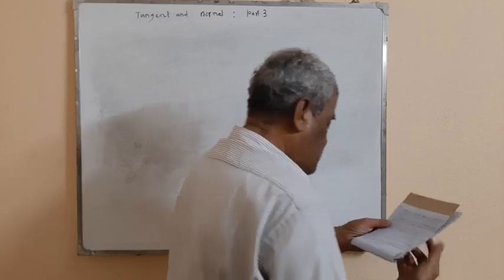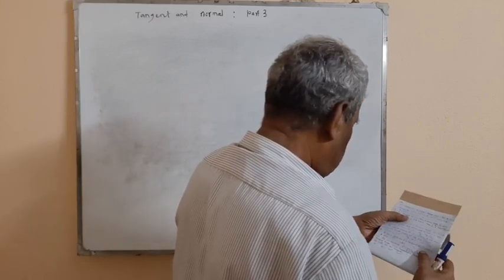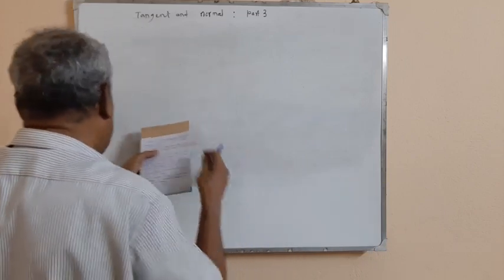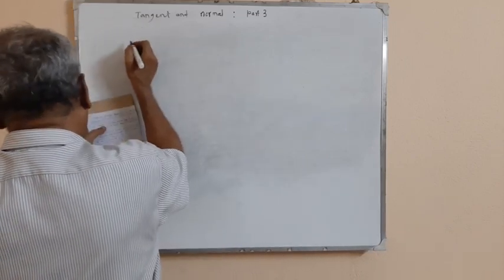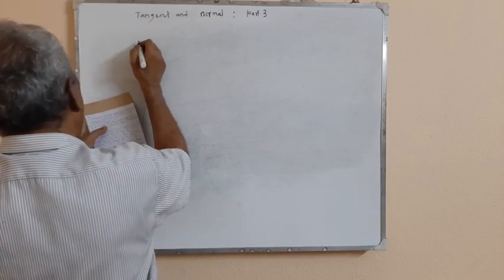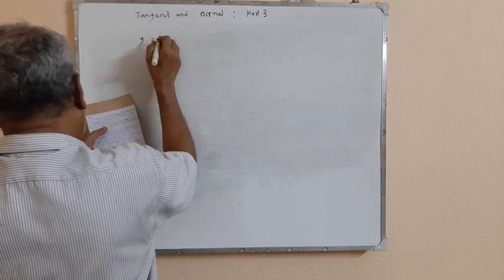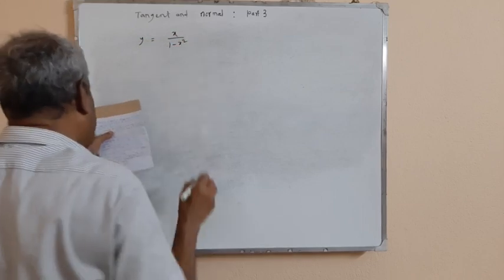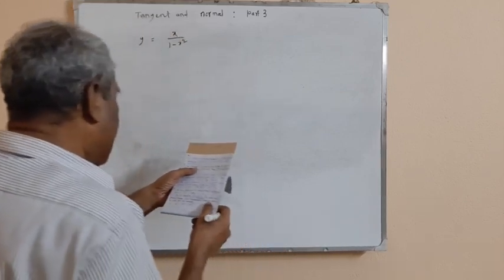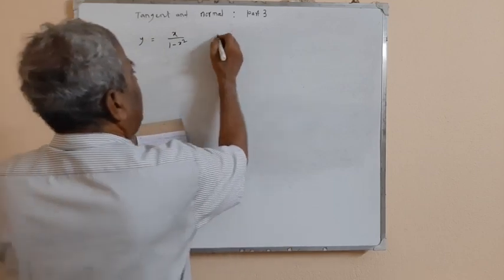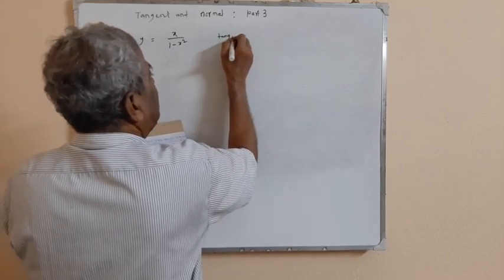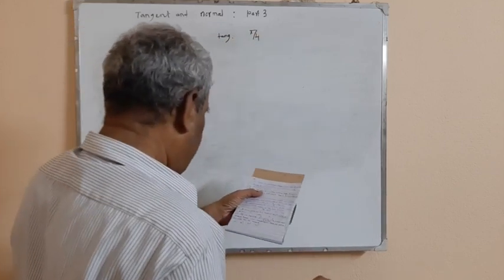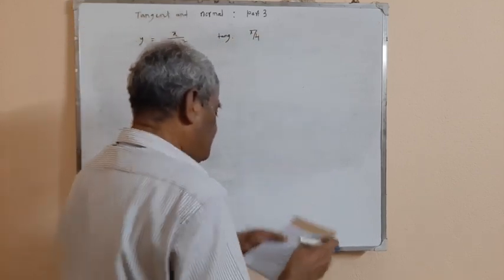Next problem is: find the equation of normals of y is equal to x by 1 minus x square at points where the tangent makes an angle pi by 4 with the x-axis.